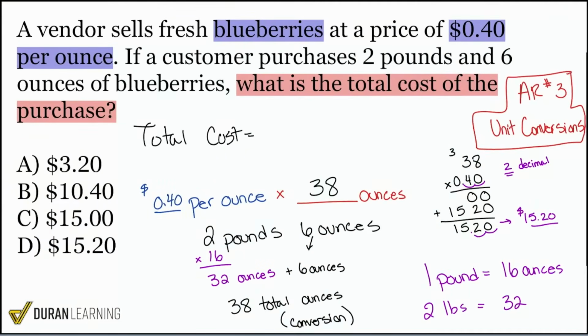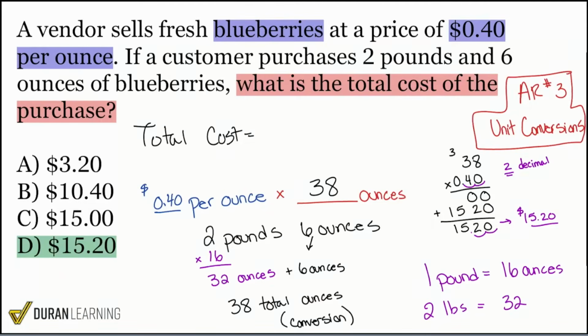It is answer choice. So one more time before we continue, everybody, the main issue that I can really foresee with this problem is the ability to deal with unit conversions within the problem. Because everybody remember, if they just said, yo, you got 38 ounces, not 2 pounds, 6 ounces, would it be super easy to just say, oh, okay, cool, 40 cents times 38, get your answer and you're done?